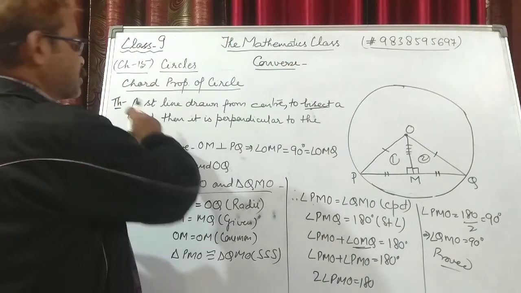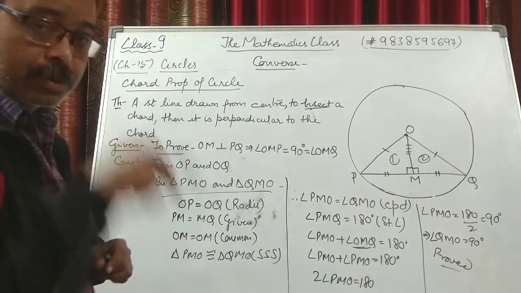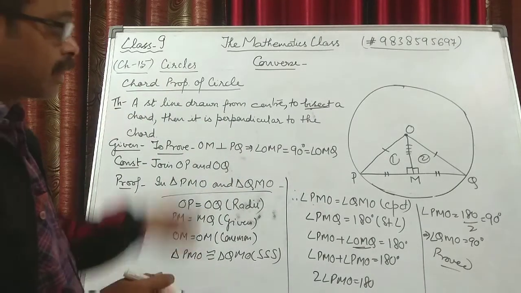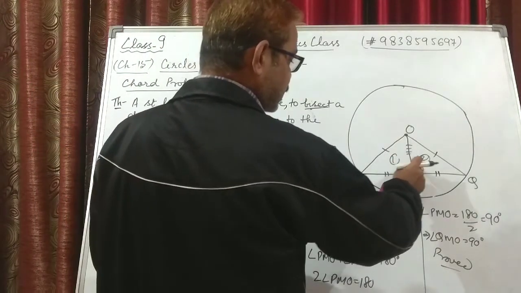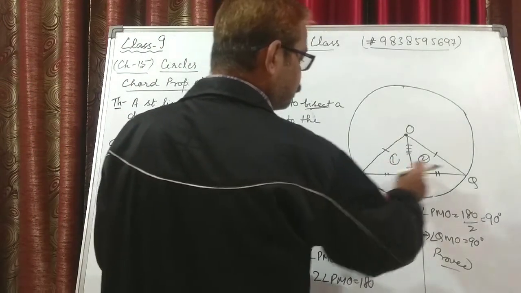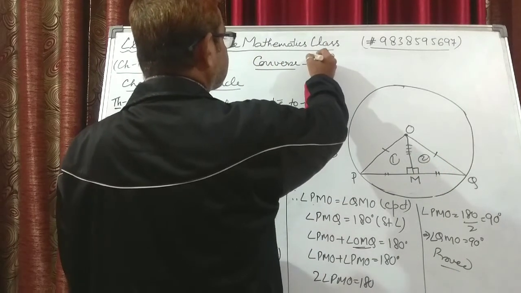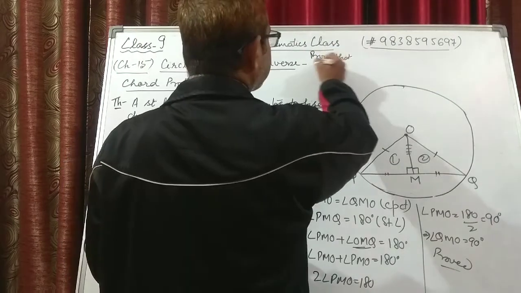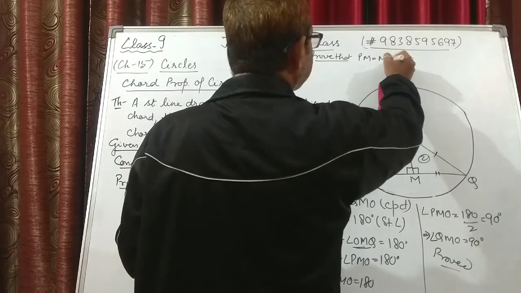The converse is: if a straight line is drawn from the center and is perpendicular to the chord, then it bisects the chord. Now this time what is given? These angles are given, and you have to prove that PM is equal to MQ.